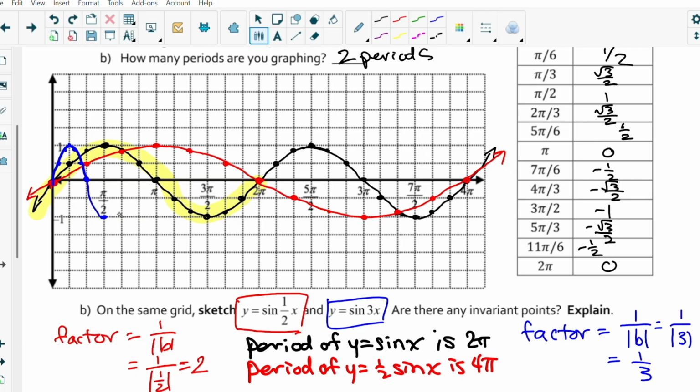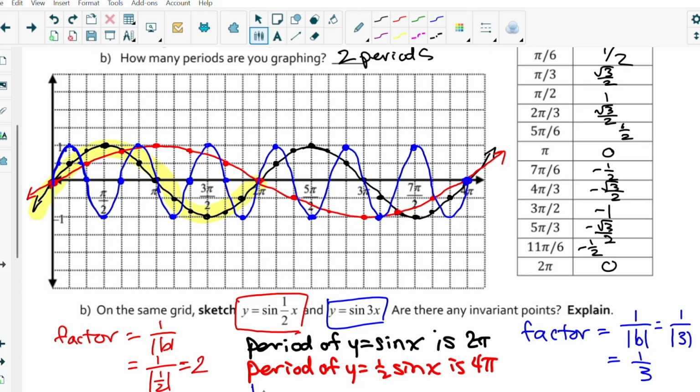So it's going to look like that. Okay, continuing. Okay.